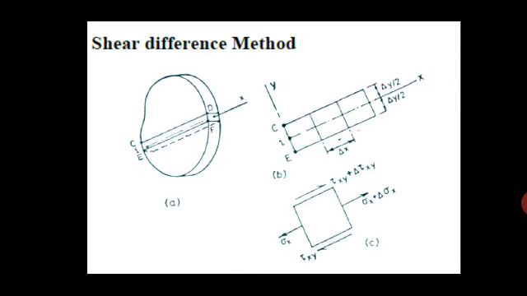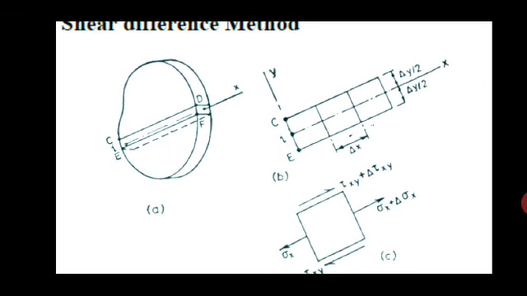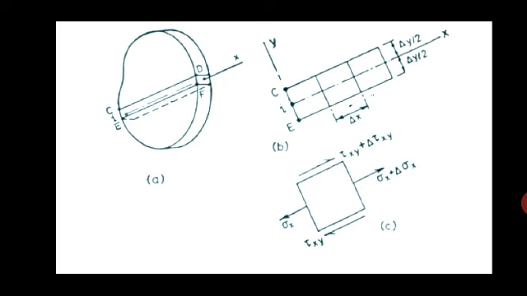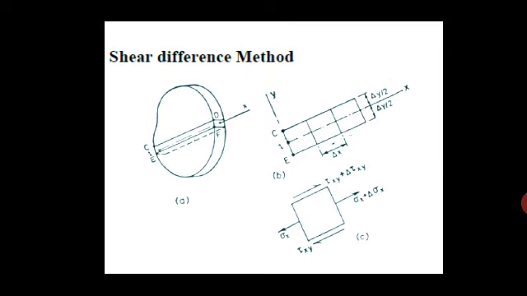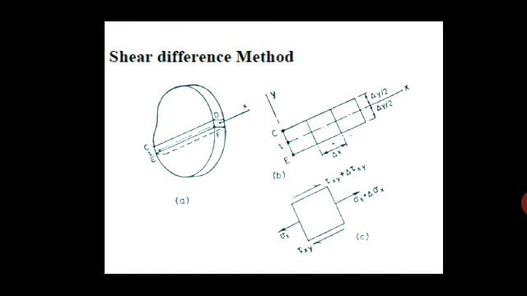By considering its central axis, we will determine the normal stresses and shear stresses developed in the body. Now for this sketch, this method makes use of the differential equations of equilibrium.